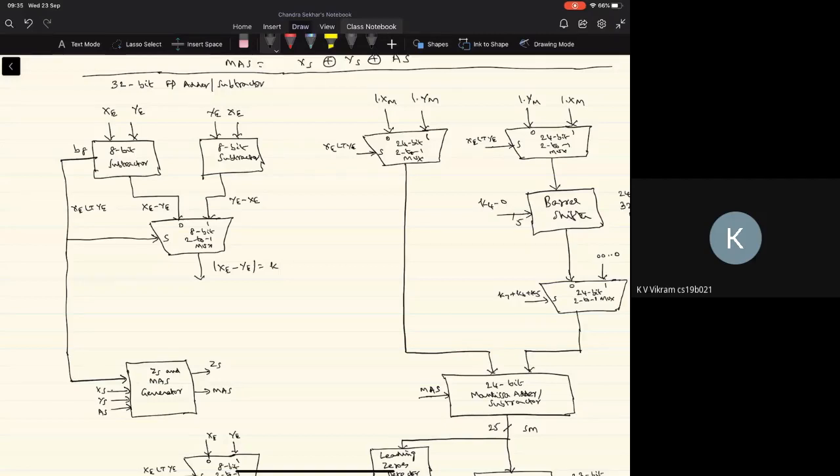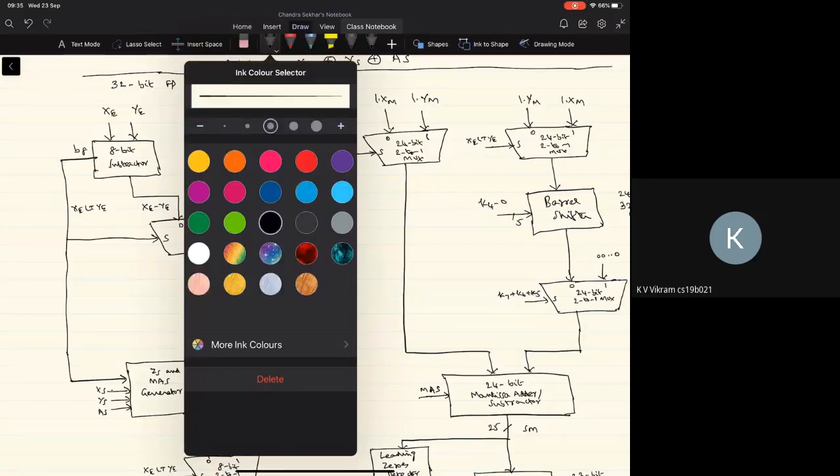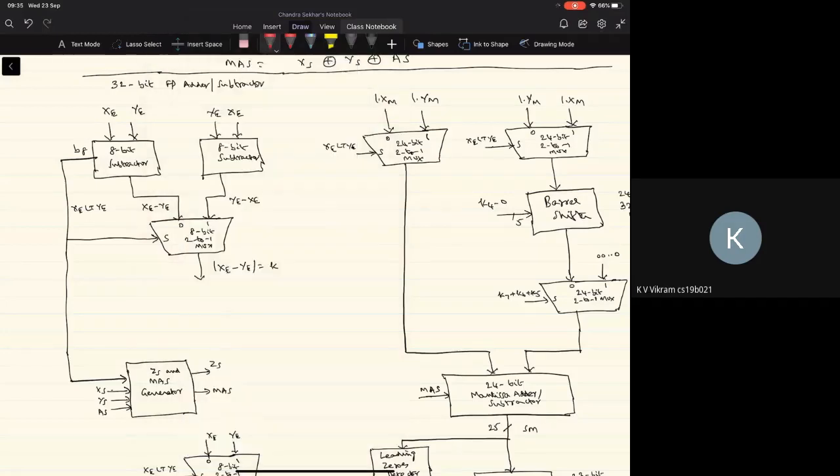Okay, let me start. So all the inputs are available at 0 tau. Let's start with the first one here, left-hand side. What will be the delay of the 8-bit subtractor that's implemented using the 4-bit carry-look-ahead subtractor? As I said, it's similar to the 8-bit adder using the 4-bit carry-look-ahead adder. All of you know the expression for that, right?